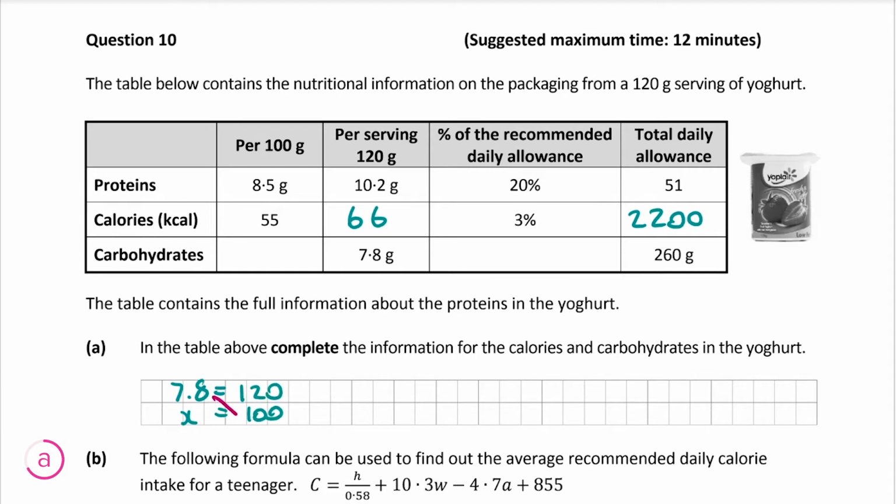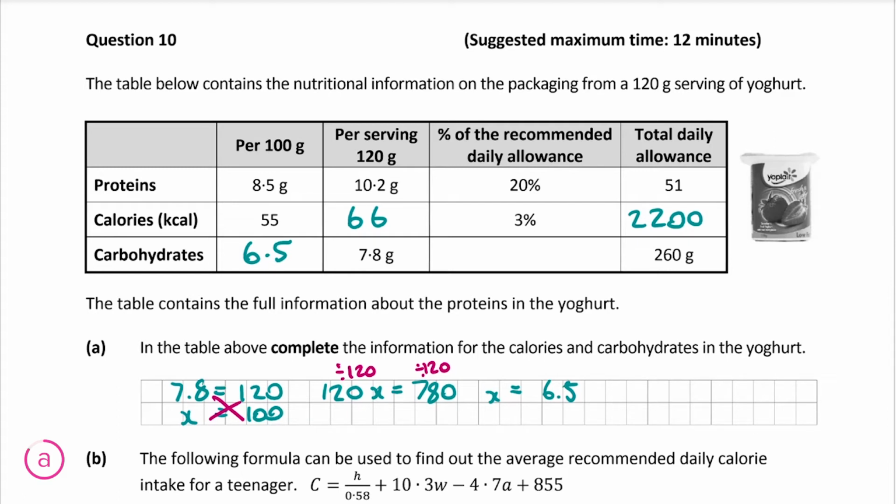Then if we multiply 7.8 times 100 and x times 120, we can solve for x. So our new equation is 120x is equal to 780. From here, to solve for x, we divide both sides by 120, and this gives us x is equal to 6.5.